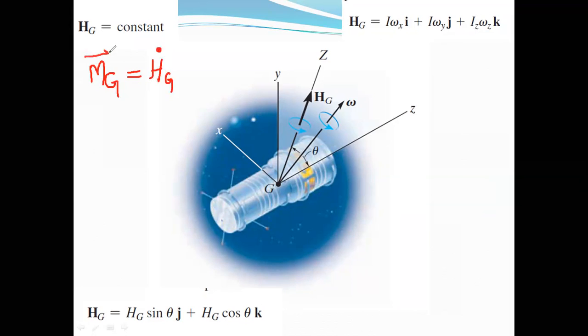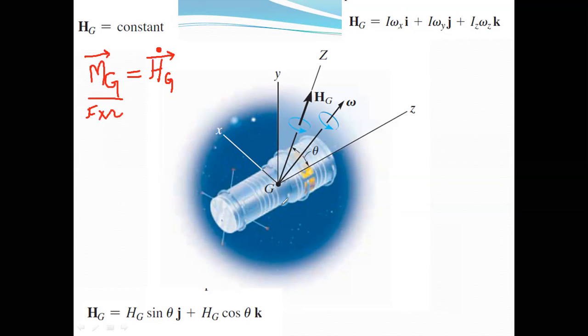The summation of all the moments about any point of a rigid body is equal to the derivative of the angular momentum about that point. So we are talking about the point G, which we assume to be the center of gravity. Then the summation of all the moments about an axis passing through point G has to be equal to the derivative of the angular momentum of the rigid body about an axis passing through G. As far as this moment is concerned, it is equal to the external force F cross R, force into force arm.